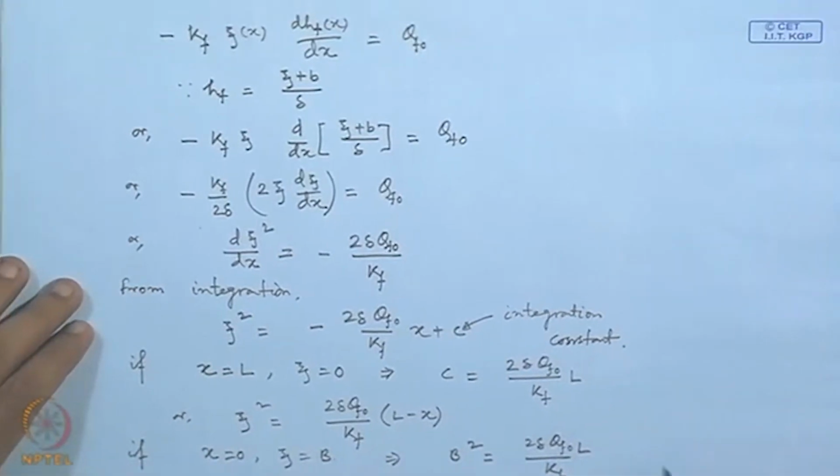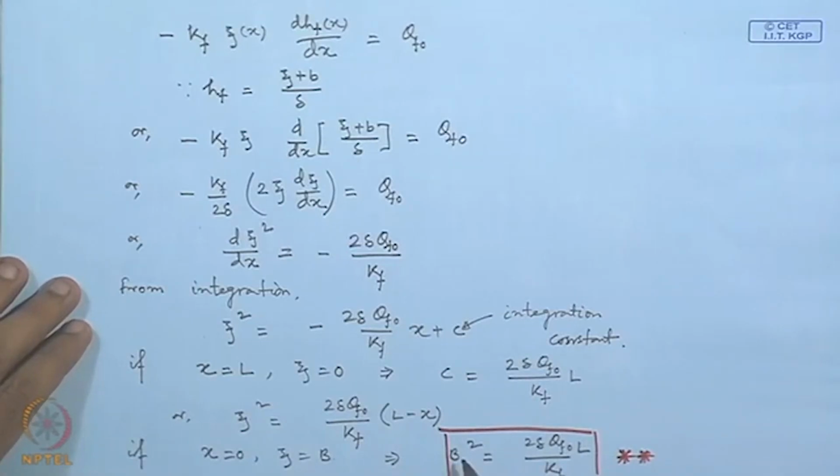So, basically this particular relation relates with our depth of the confined aquifer. Delta is the density ratio which is used for Ghyben-Herzberg principle.